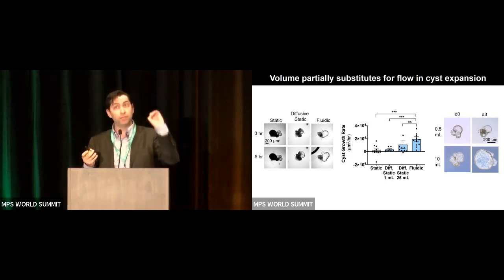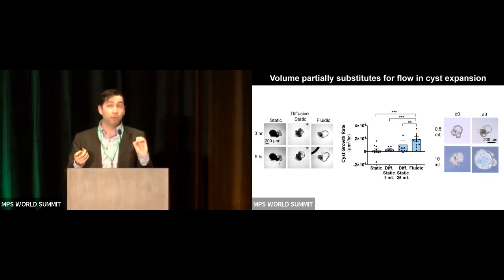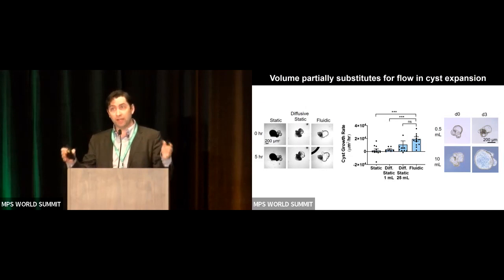It doesn't completely reach it, but it gets close. And moreover, you can eliminate the channel device entirely and simply place these organoids, as you see on the right, in dishes of different size and see the same effect, where over time, the organoids in the larger volume expand without any flow. So volume is important here.